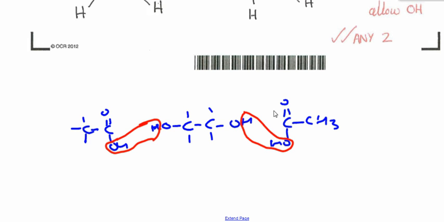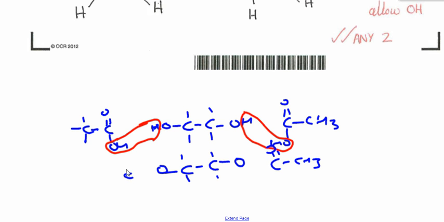Once we've lost that water, we can then go redraw. So my ethane diol still has its oxygens on. It's lost its H's. My carboxylic acid, sorry, C double bond O, CH3 is still there.